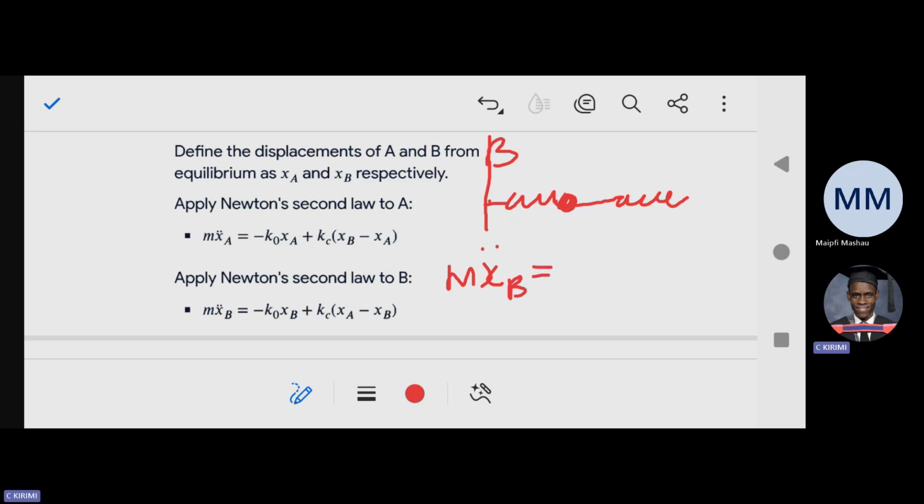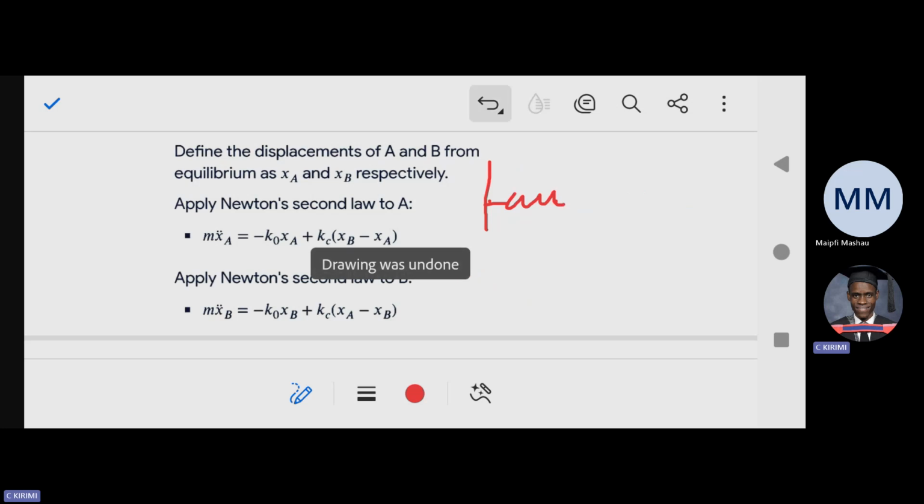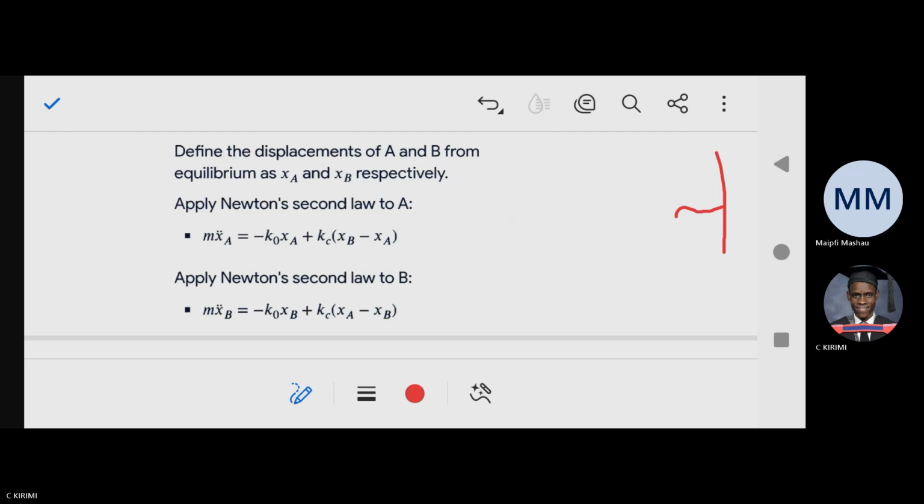is equal to, always, you always start with the spring constant restoring force. I told you it's what? Negative. Or if you want it not to confuse you, let's do it like this. The position where B is exactly, we put it there, so that it does not confuse you.